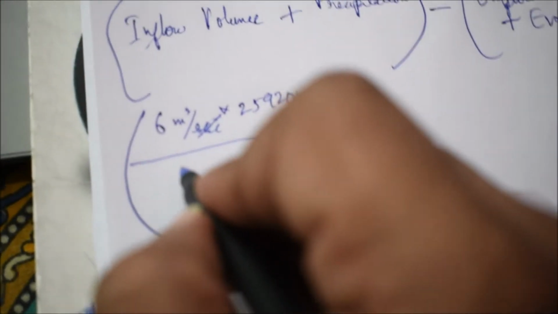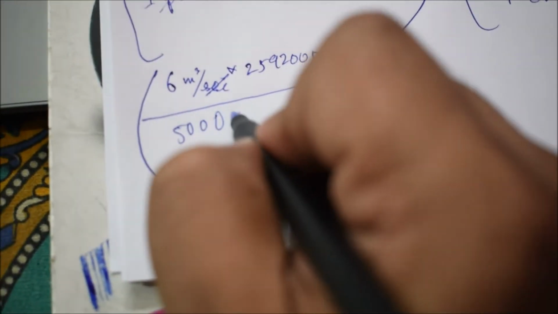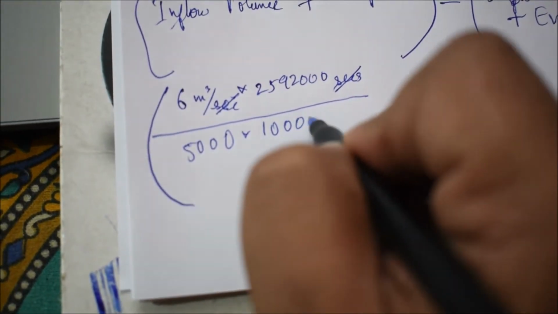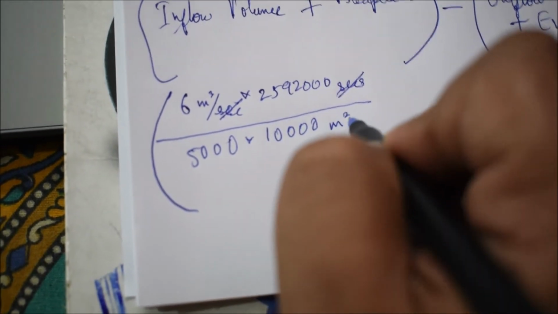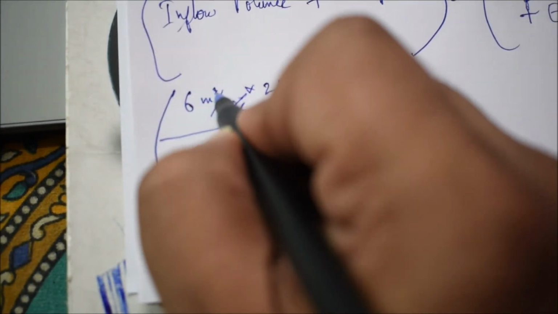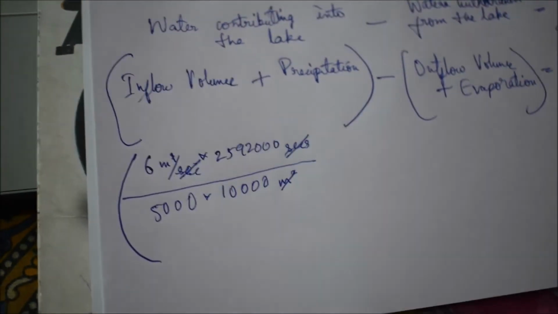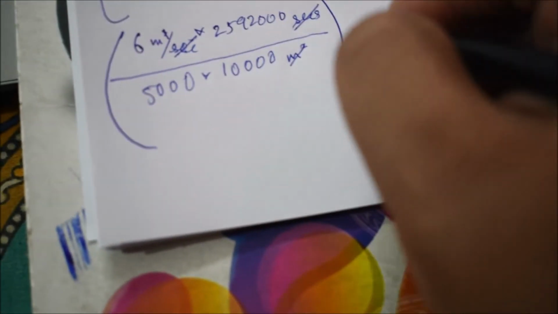So we have to divide it by 5,000 into 10,000 meter square. So the meter square and meter cube will get cancelled, and we will be left in terms of meters.